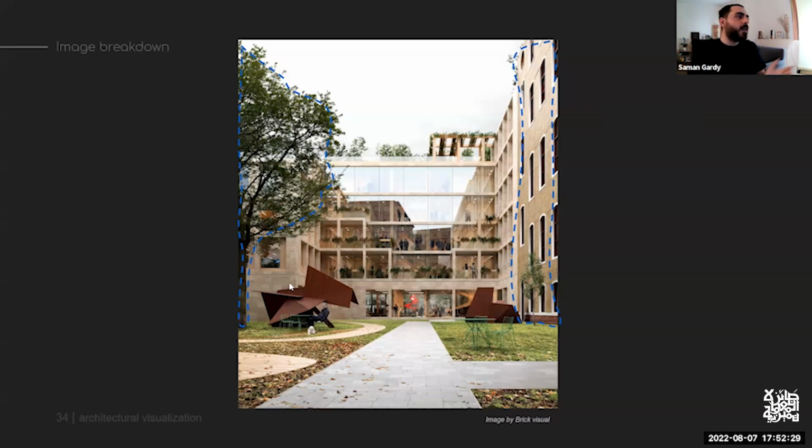It's the same on the left side. Here we have this green, but if you look at the foreground, you can see the yellow of the leaves here. So even when it comes to the color, it's a very well balanced image.